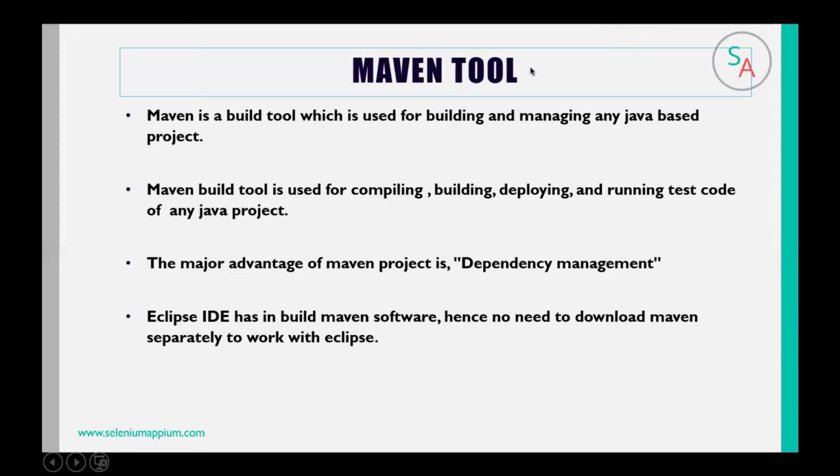Using this dependency management concept, you can download all the required jar files, or upgrade all the existing jar files, or delete all the existing jar files in a very easy manner.